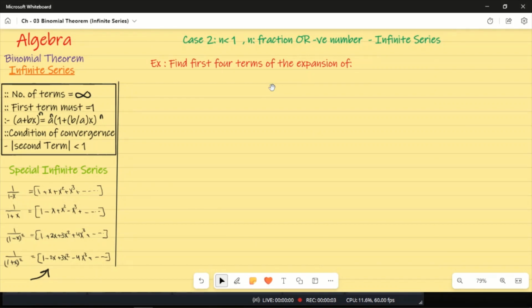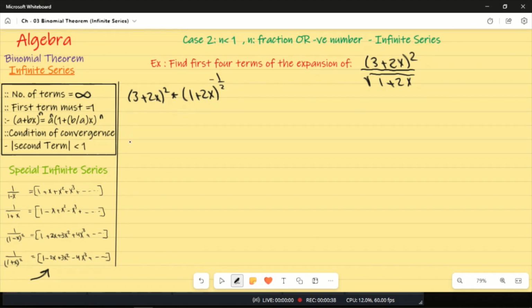Find the first four terms of the expansion of 3 plus 2x squared by square root of 1 plus 2x. So we have 3 plus 2x squared into 1 plus 2x to the power negative half.